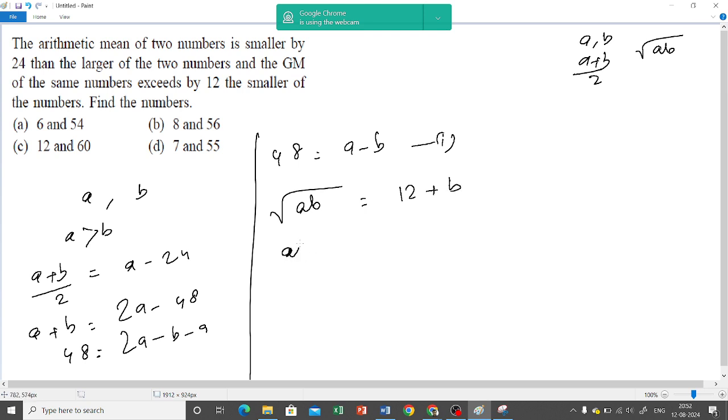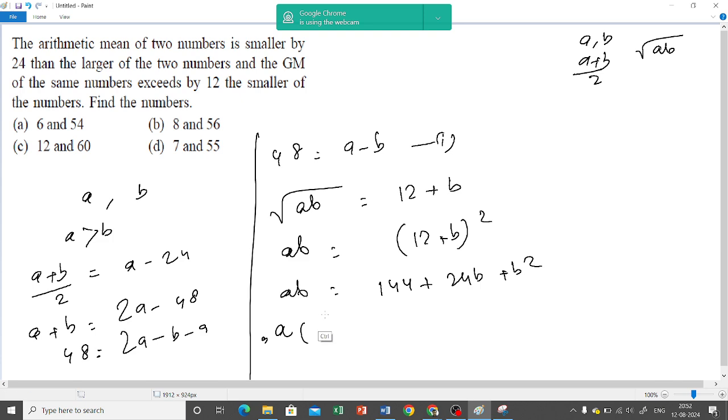So if I square both sides, I'll get ab is equal to 12 plus b whole square. Rather than expanding this one, I need to substitute a from equation 1 in this place, so a is 48 plus b.